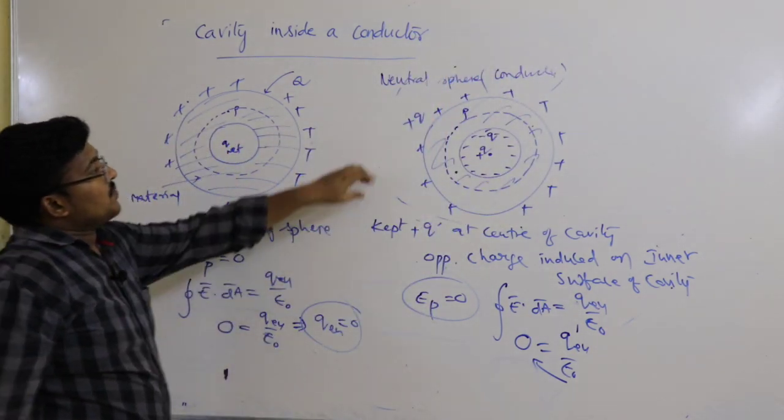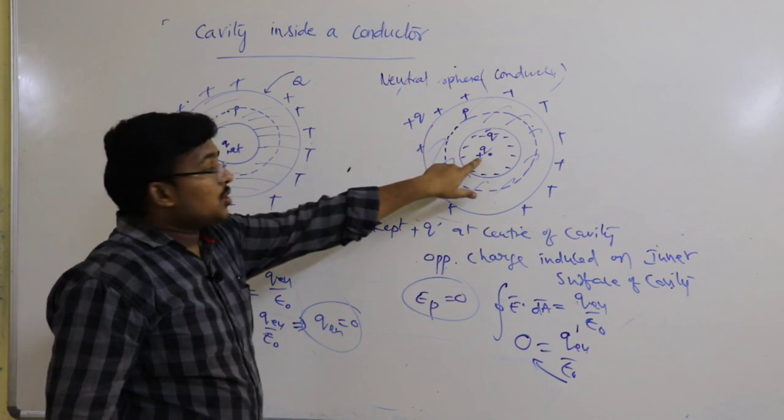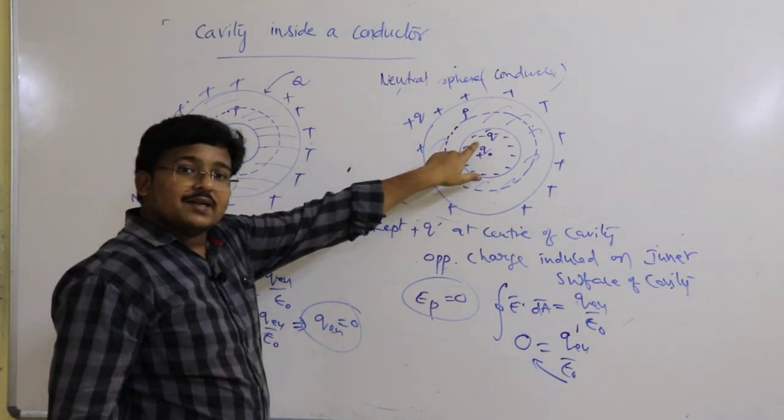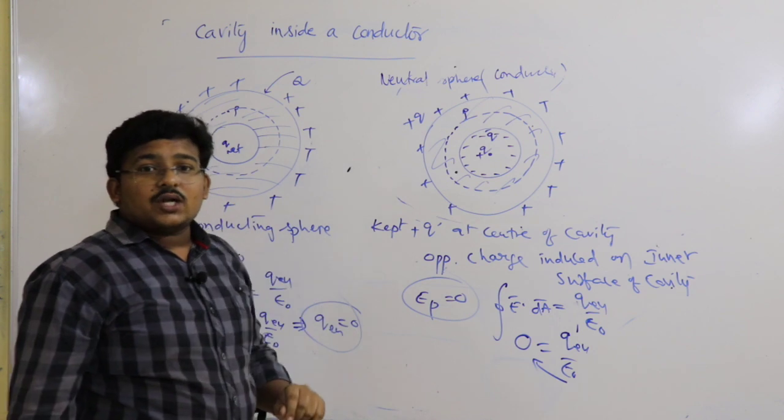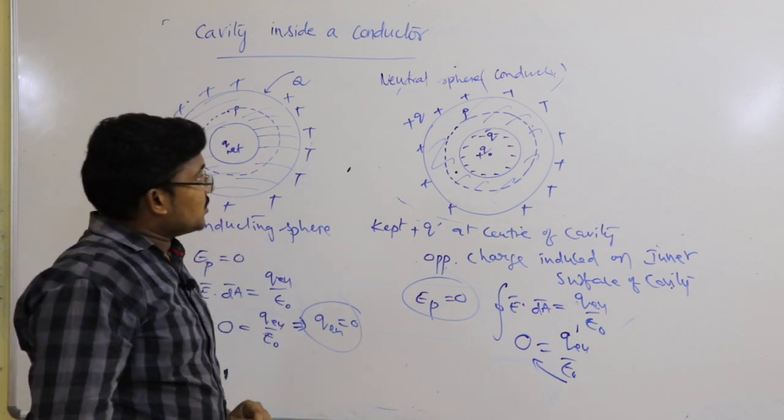So here the small q induces negative charge on the inner surface, and plus charge on the outer surface. Why?